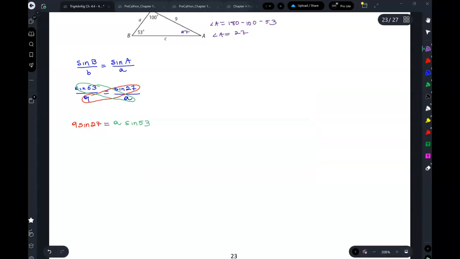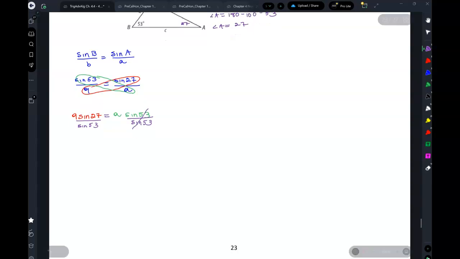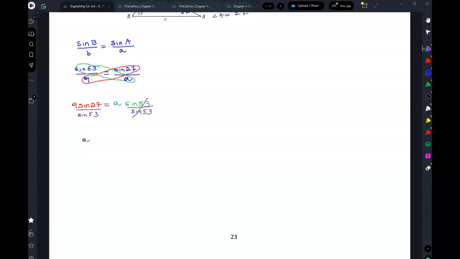So a is 9 sine 27 over sine 53. Go ahead and take out your calculators.